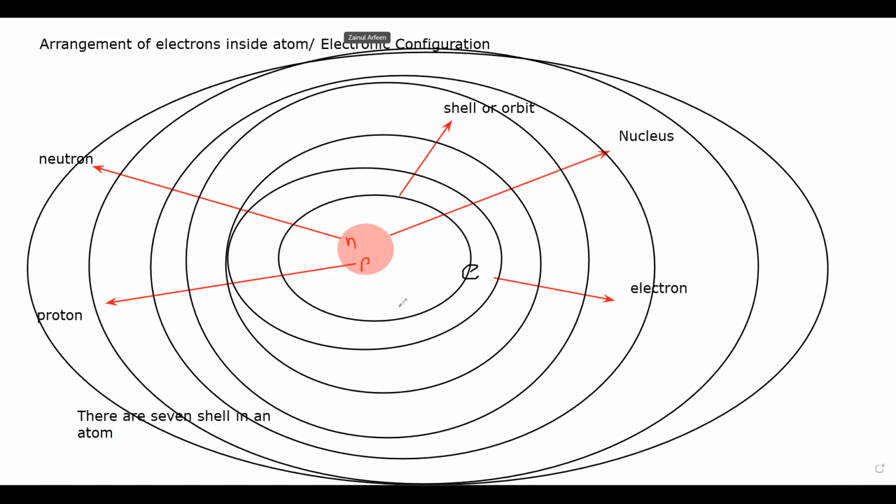The first shell is called the K shell. The second shell is called L, then M, N, O, P, and the last one is known as Q.